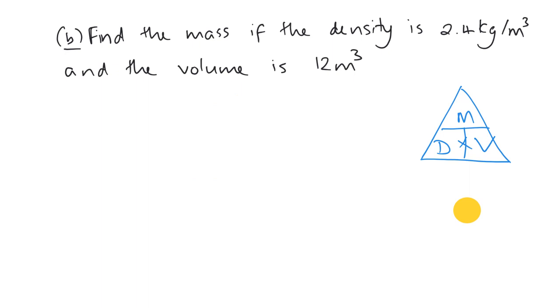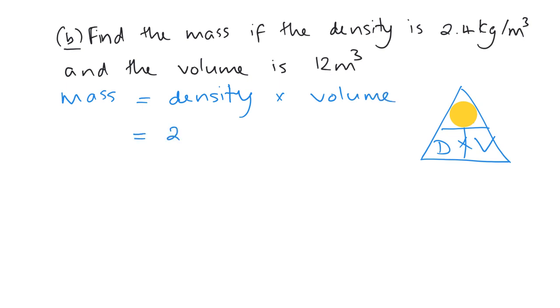Number 2, find the mass if the density is 2.4 kilograms per meter cubed and the volume is 12 meters cubed. So we want to find the mass, so cover that over in a triangle. So the sum that we have then for mass is density multiplied by volume.